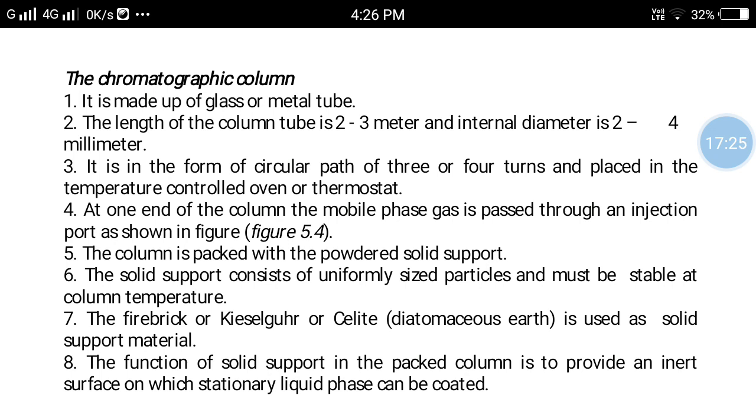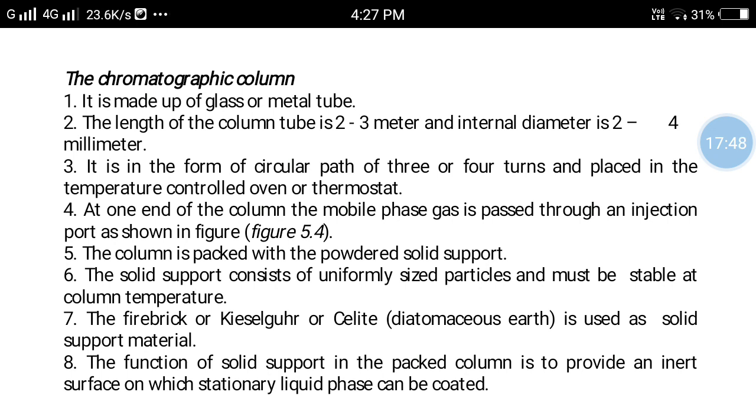The column is packed with powdered solid support. The solid support consists of uniformly sized particles and must be stable at column temperature. Firebrick or kieselguhr, that is diatomaceous earth, is used as a solid support material because it is stable at high temperature.